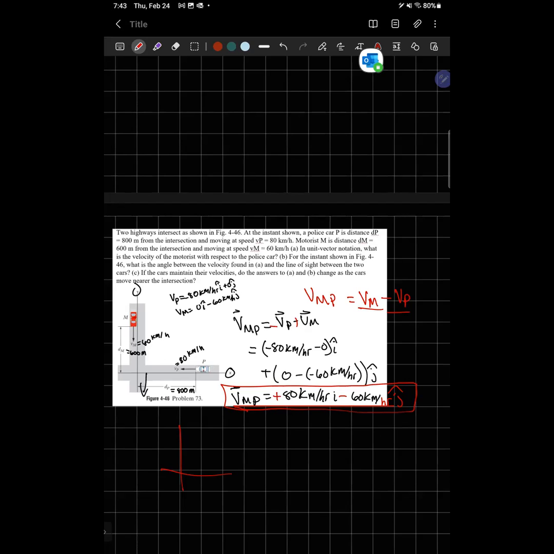So would you use that to find your theta? Not exactly. What I would do, well, the good way to do it would be to set up your R. What would be the R from this car to this car?